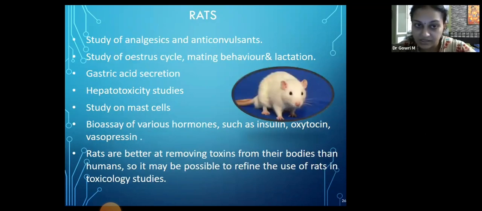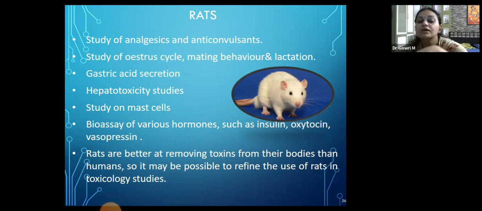Now coming to rats. In which conditions do we use rats? That is what we are going to see. Rats are used in the study of analgesics and anticonvulsants. When you want to do a study on analgesics, you want to know how well it is going to reduce the pain.